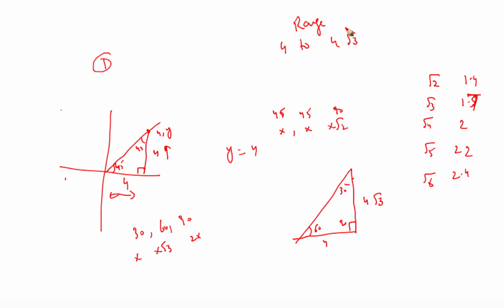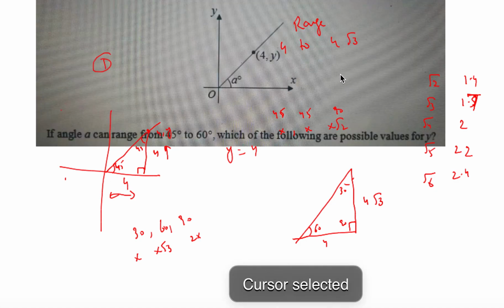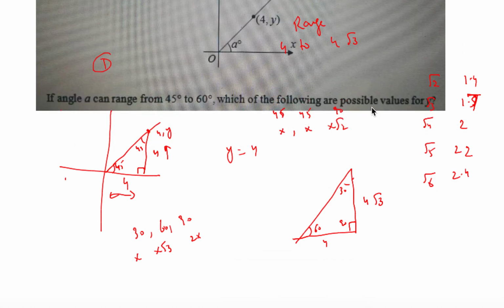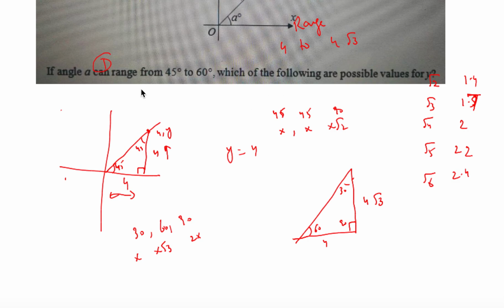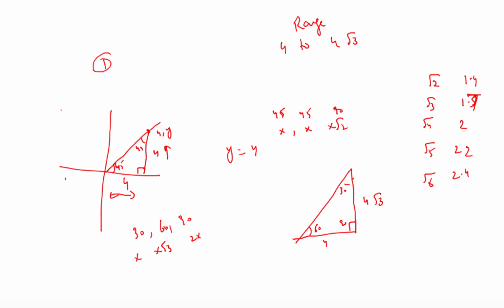Now again go back to the question. The question is, what is the possible value for y? So y can be any value from 4 to 6.8, so 4 multiplied by 1.7.